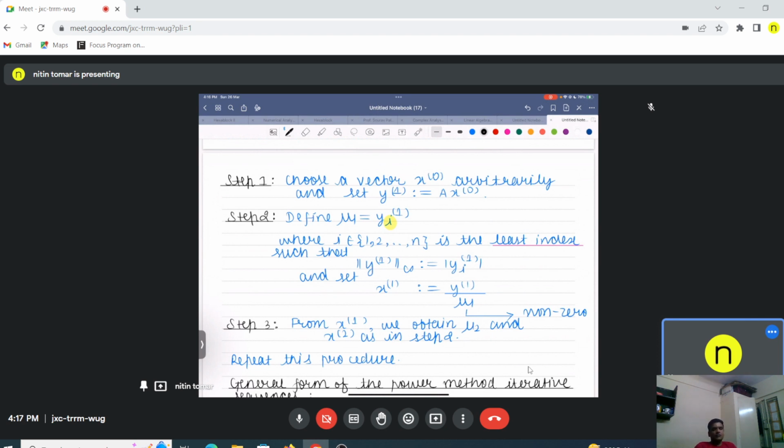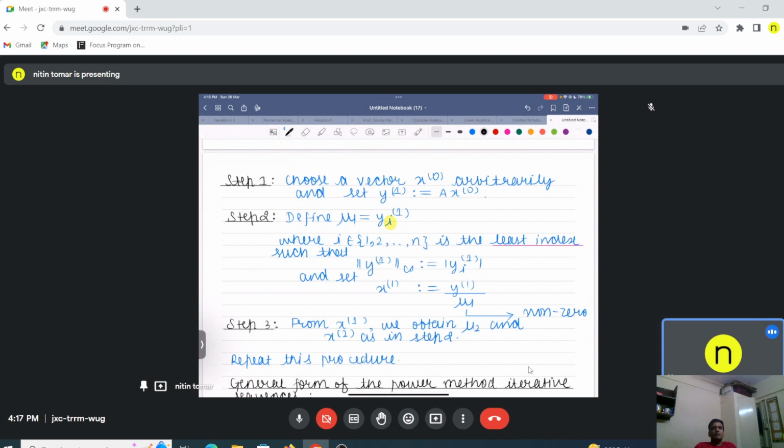Now you should realize that this mu1 has to be non-zero. Why? Because if mu1 is 0, then yi1 is 0, which was the point where the supremum was attained. So this y1 will be 0, which implies Ax0 will be 0.